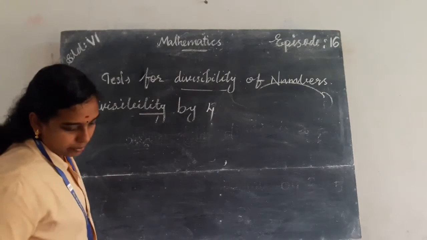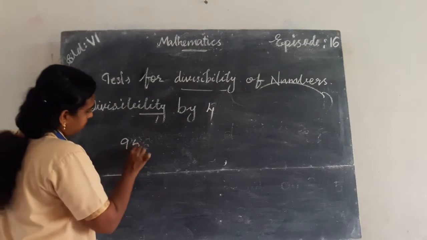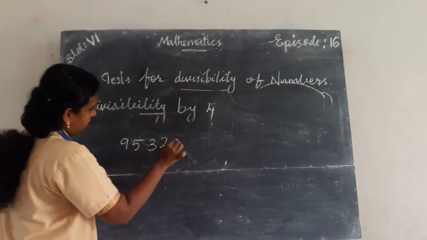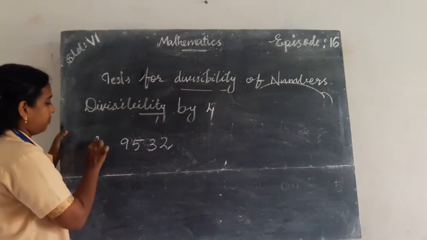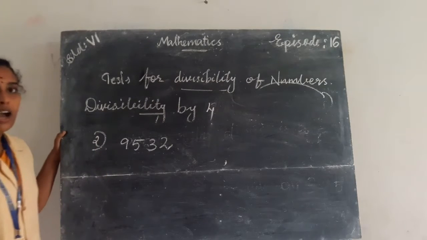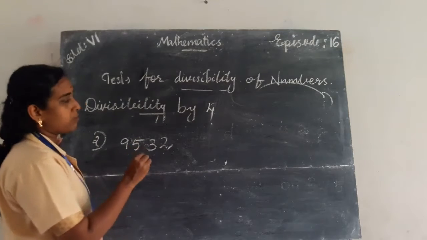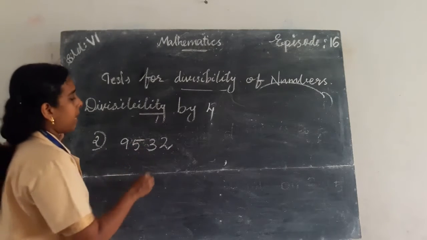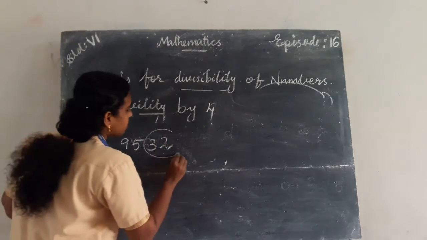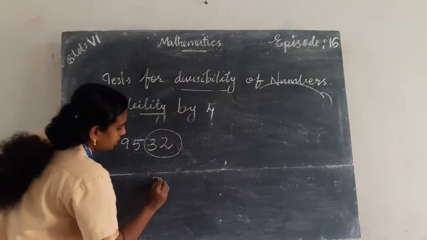And another example. 9532. We want to check whether this number is divisible by 4 or not. For that we take the last two digits, which are 3 and 2.